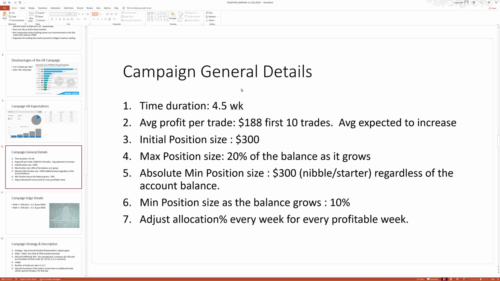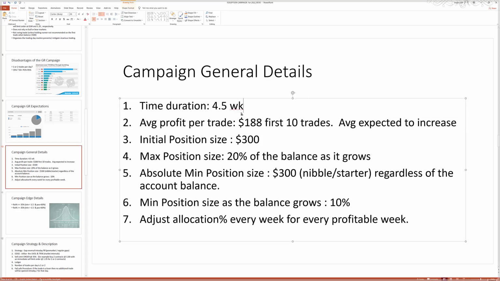The details of this campaign: we want a time frame to end this at, so 4.5 weeks. I initially wanted it to be 4, but because there's one day we might not take a gap trade, I added 0.5, so it's 4.5 weeks.